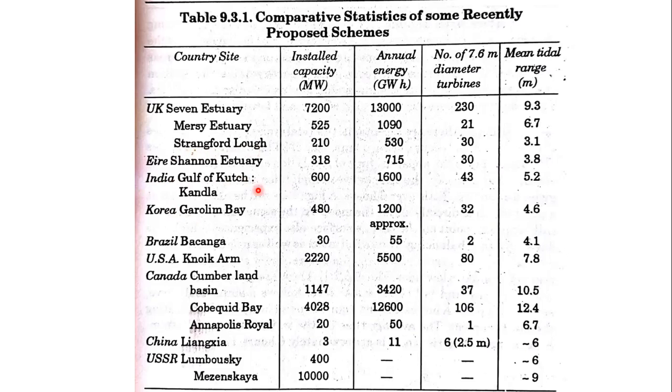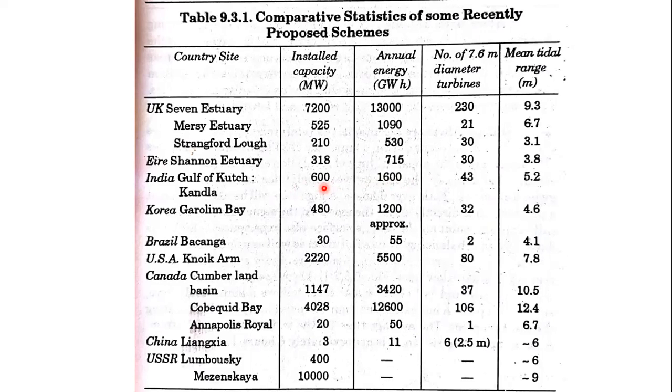We can see our country, India, Gulf of Khambhat, at a mean tidal range of 5.2, with 43 turbines of 7.6 meters diameter, and an annual energy of 1600 gigawatt hours. Sorry, gigawatt hours, not per hour. The installed capacity is more compared to the UK and other small countries; it is 600 megawatts.